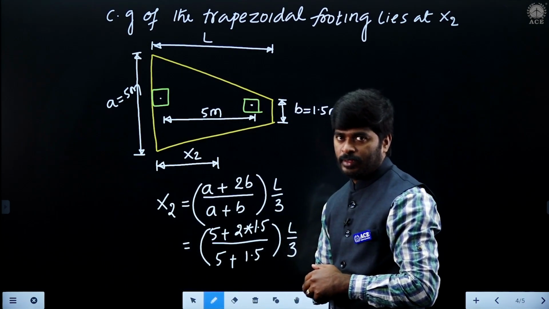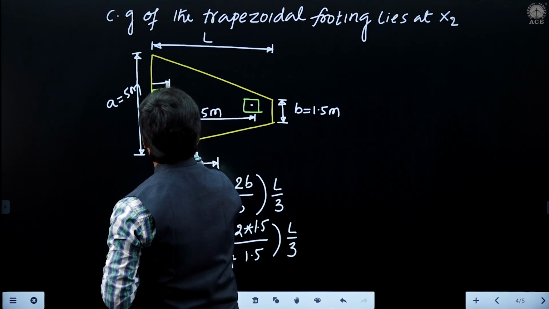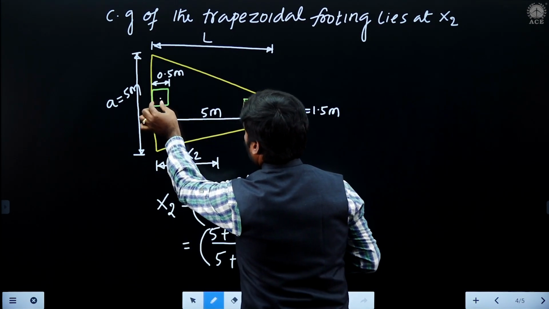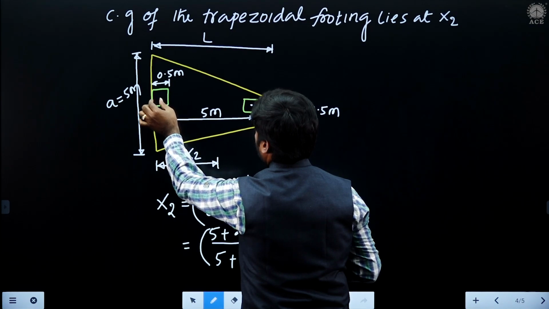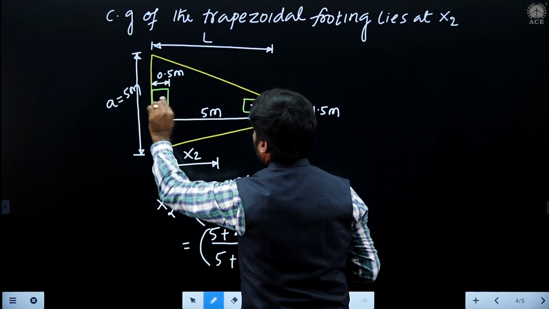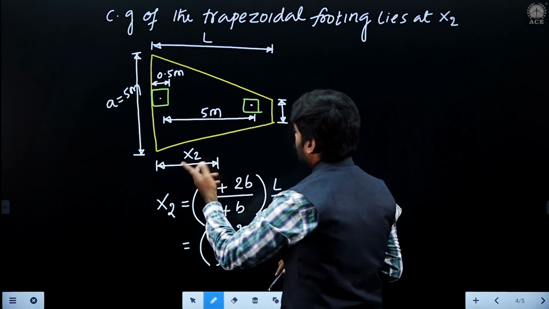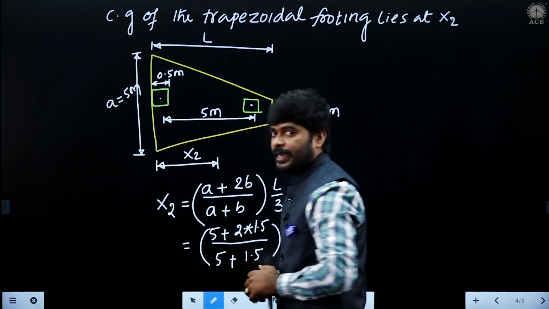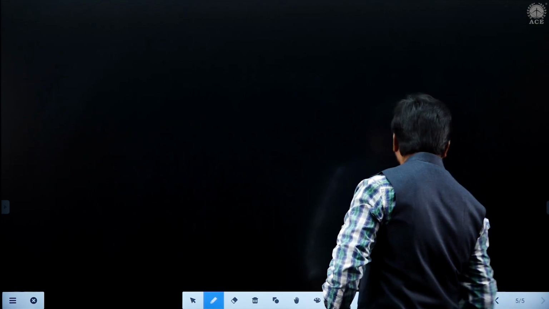So, how much is it? It is 0.5 meter. Now, I have to add for x1 0.5 meter by 2, so that both the CGs we can take with respect to extreme end. Is it clear?